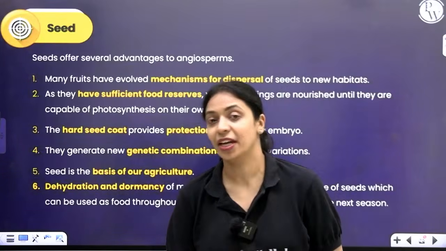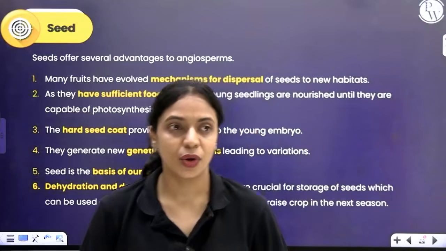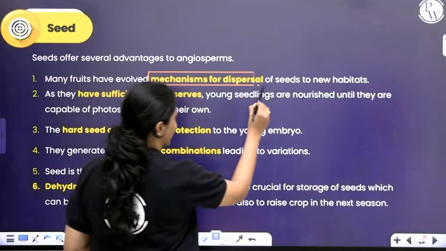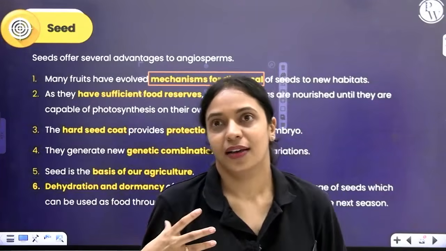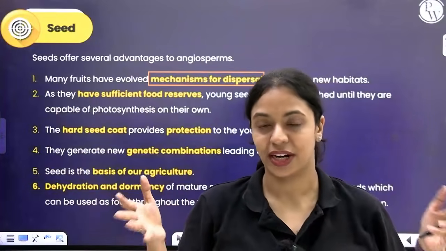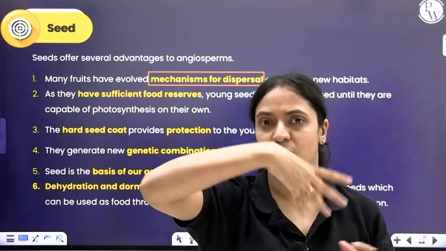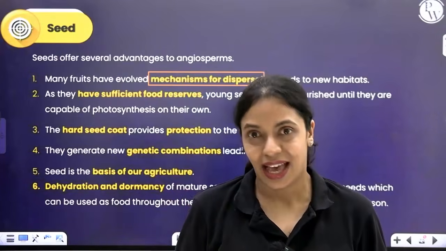There are many advantages that seeds offer to angiosperms. Many fruits even have special mechanisms for dispersal of seeds to new habitats. If any angiosperm has to spread in distribution, right now it's found only in one area, and it has to expand its range geographically, then they have mechanisms for it.